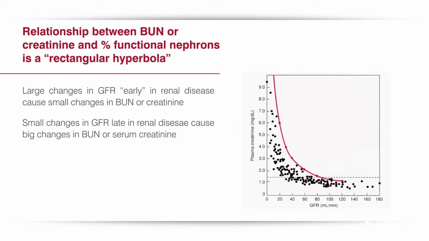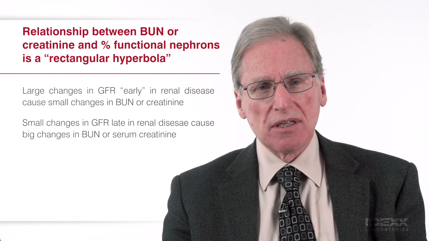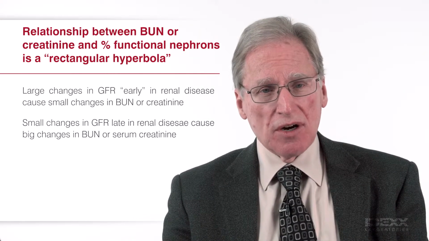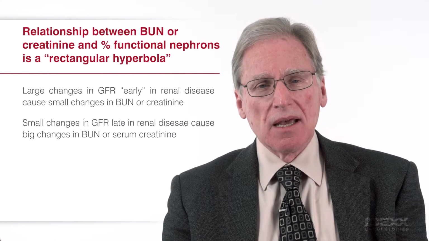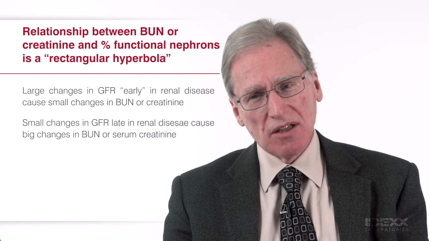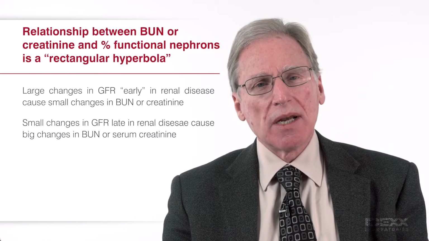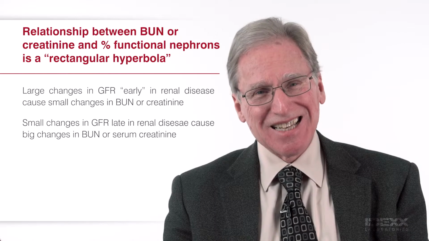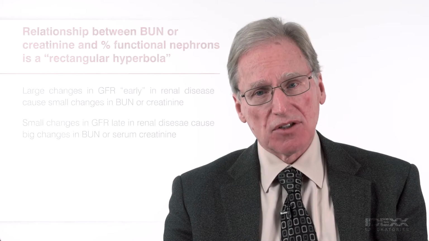As you can see from the graph, early on in the course of renal disease, we can have a fairly large decrease in the glomerular filtration rate, but we see very little change in the BUN or creatinine concentration, whereas later in renal disease, whenever the GFR is changing more rapidly, we then see a bigger change in the BUN and creatinine. So what this illustrates to us is that the BUN and creatinine are relatively insensitive tests of kidney function. It's important to realize that.